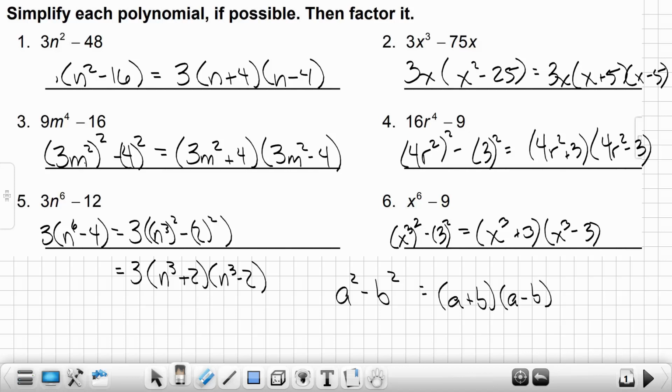That's from the top of the note page, right? So whatever it is squared, it turns into the non-squared plus the non-squared times the non-squared minus the non-squared. So n cubed plus 2 times n cubed minus 2. That's what's going on in each of these.